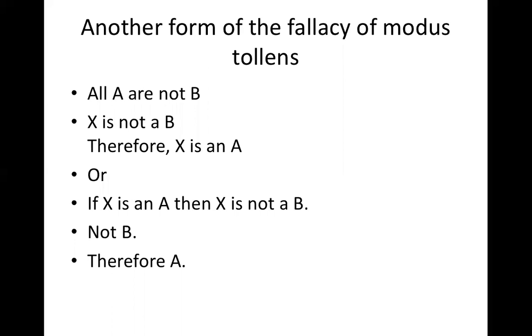Do you get the idea? So you have 2 not Bs, not B, not B. So it will just be B. Now, when you have not in the 2 premises, all you need to do is to cancel them out.